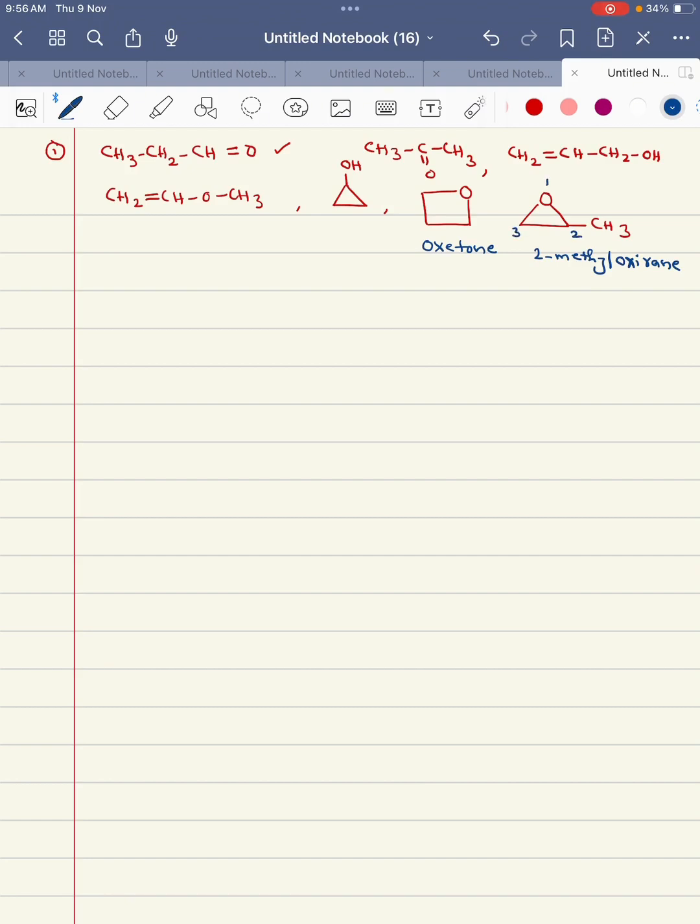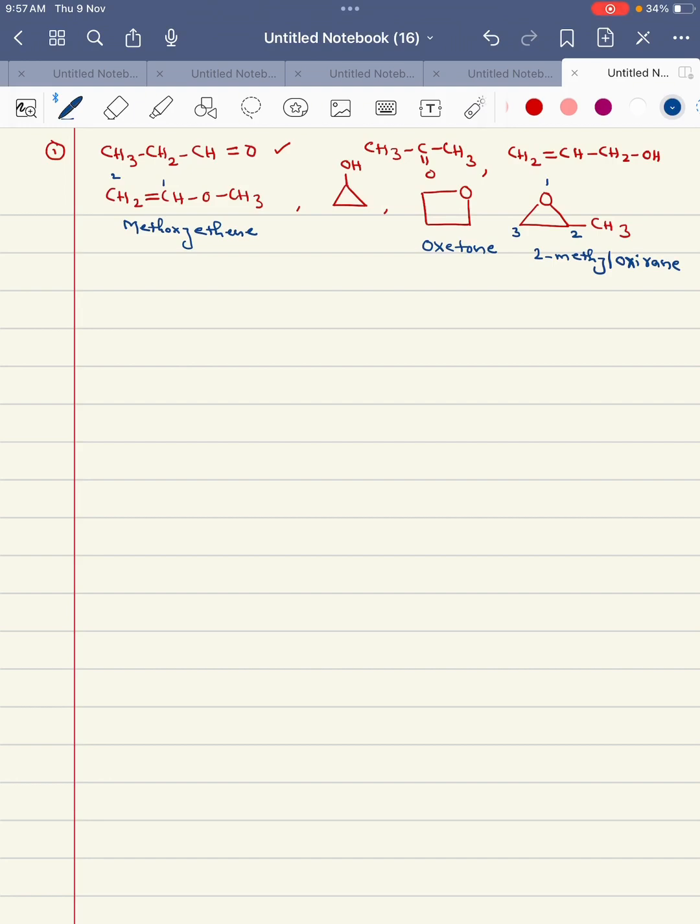Numbering is given 1, 2, 3. Now here the IUPAC name for the ether is methoxyethene. Yes, methoxyethene.